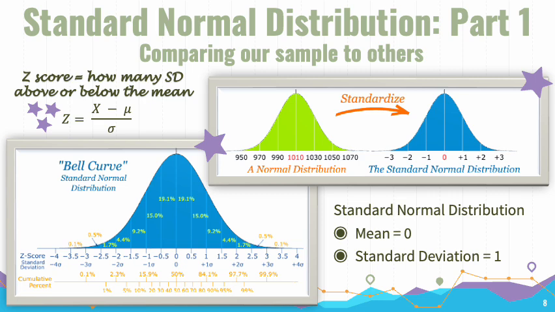We can then compute a standardized score called a z-score that allows us to translate any given score from a normally distributed sample of any size and standard deviation to a score on the standardized normal distribution. Thus, a z-score tells us how many standard deviations an individual score is above or below the mean.